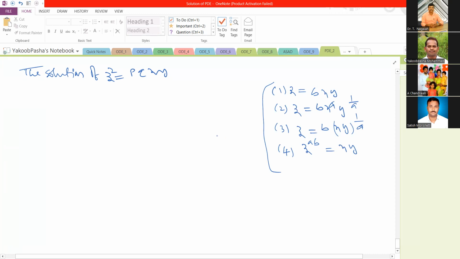First, I am writing the f of xyz value. If it is equation 1, f of xyzpq is equal to, I'm taking pqxy minus z^2, and write the corresponding auxiliary equations. dx by fp. fp means your qxy. dy by fq. fq means q differentiation 1 into pxy.